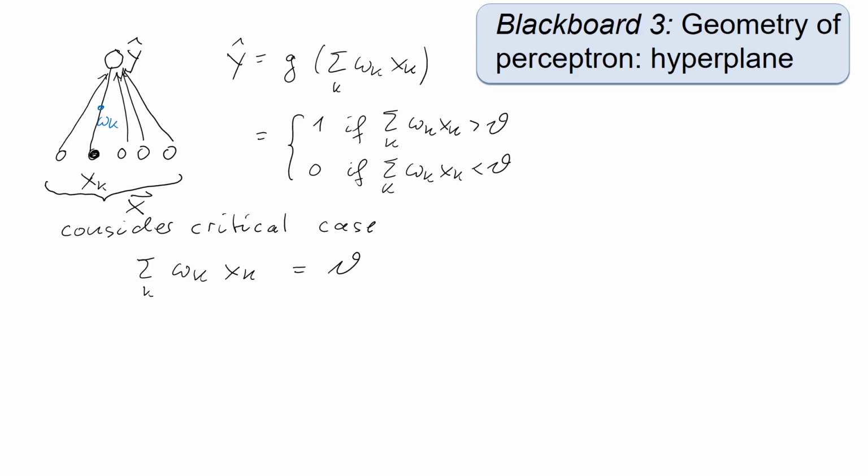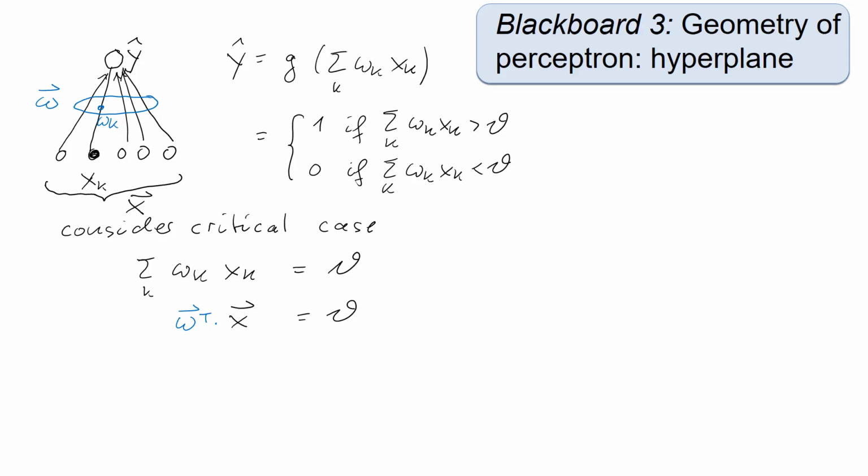And now in a similar way, we can consider the set of weights as a vector w. And if we do this, then we see that the sum wk xk can be written as a scalar product of the vector x projected onto the weight vector w. And so this becomes w times x equals theta. So it's the same equation. This is just the vector notation, the scalar product, and theta is a scalar.